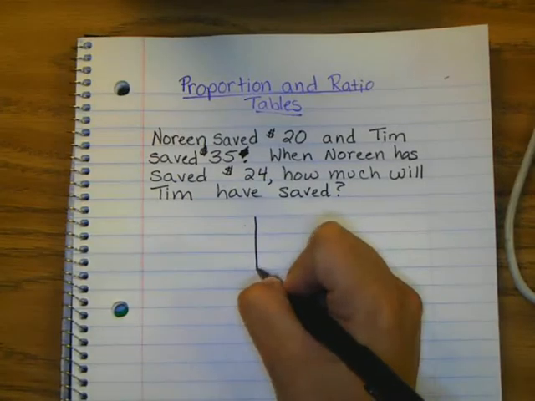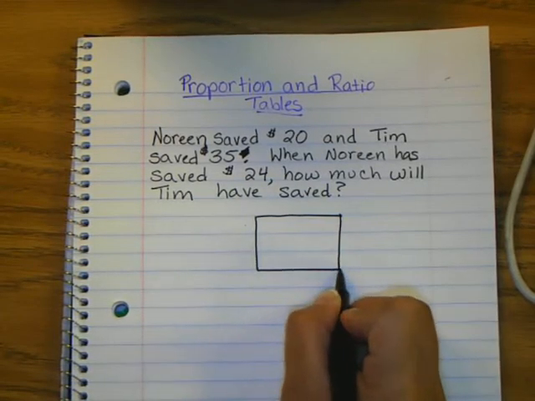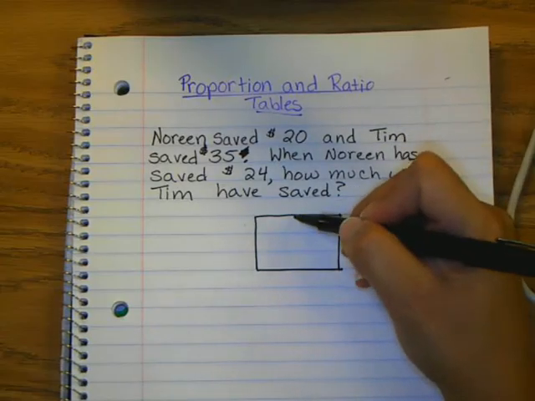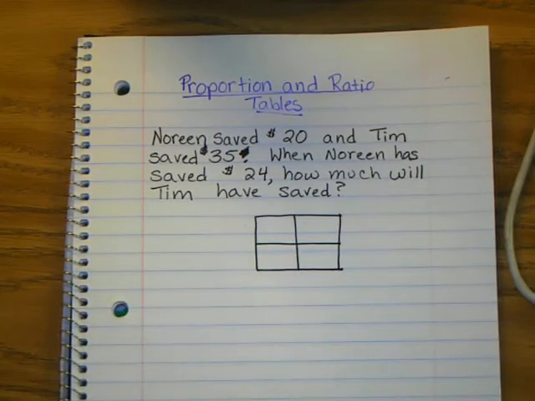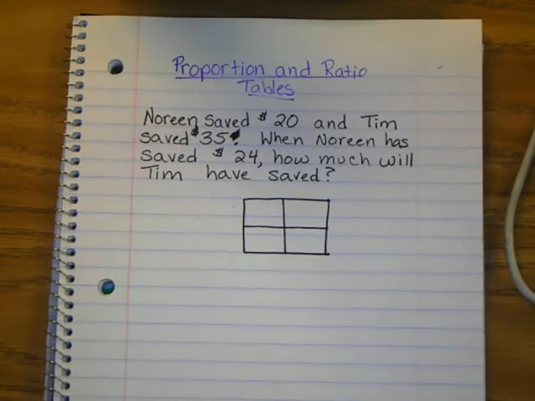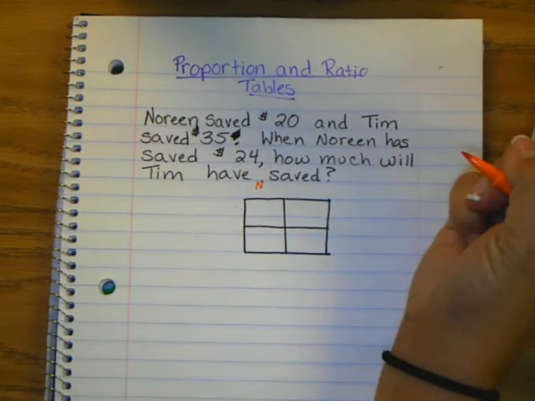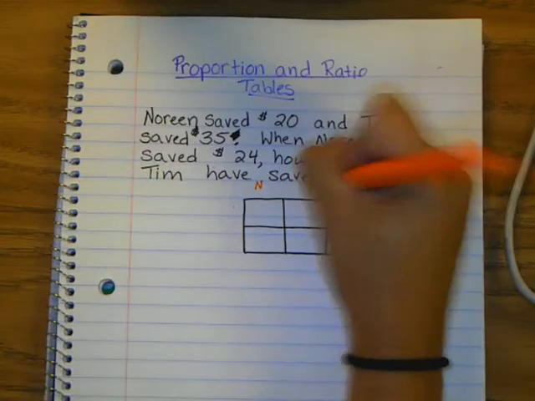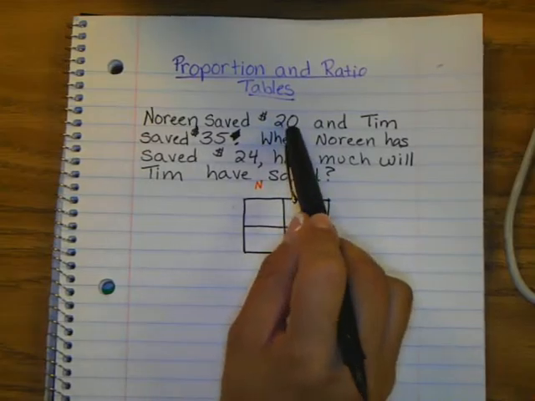The first thing you want to do is make a factor puzzle. This is pretty cool. You're going to draw your square, and remember, we just split it into fourths. We're going to put an N for Noreen and a T up here for Tim.